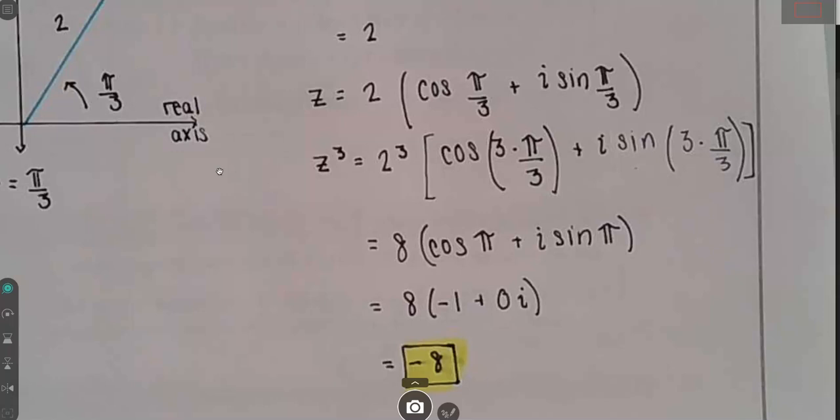That's the formula. I'll be right there.